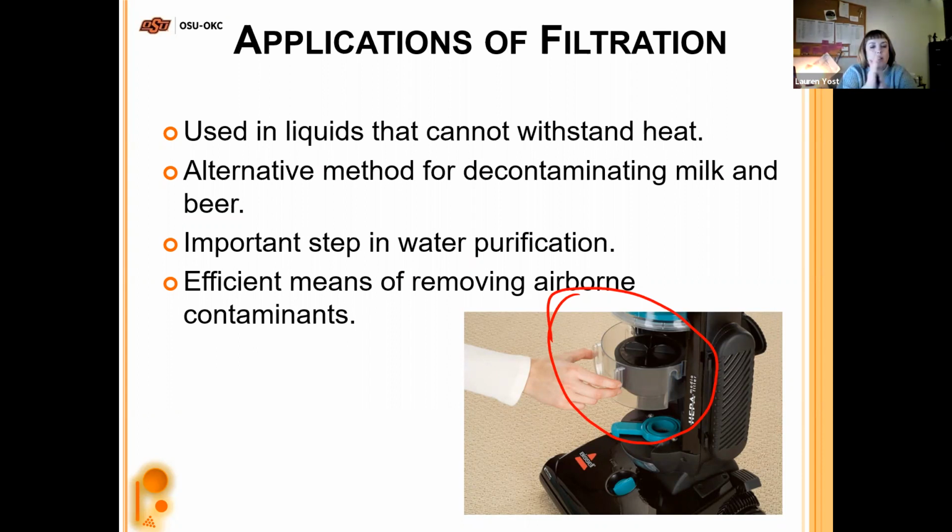In this case, they're showing the vacuum cleaner because of the HEPA filter on it. Most vacuum cleaners nowadays have HEPA filters to keep us from shooting bacteria and everything out into our environment. So filtration is another way to clean out the air as well as liquids.